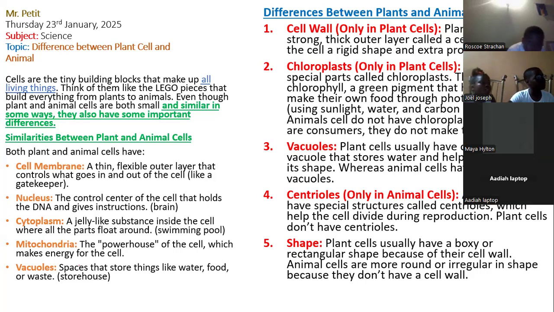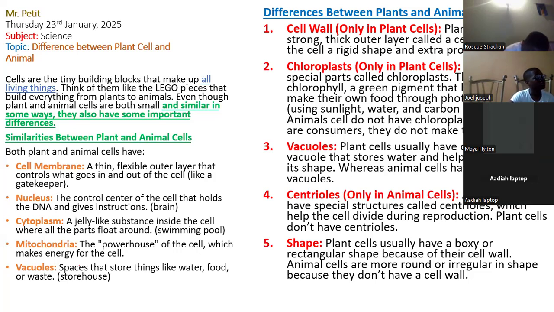Very good. How about animal cells? Whereas animal cells have many small vacuoles. Very good.